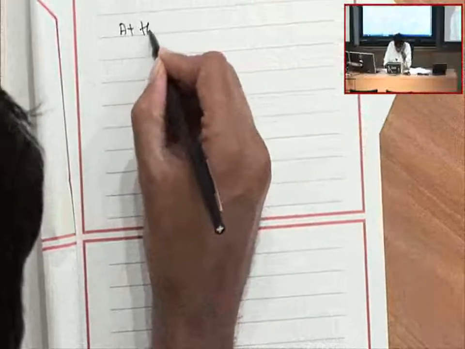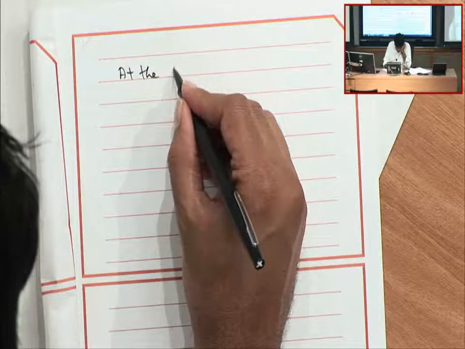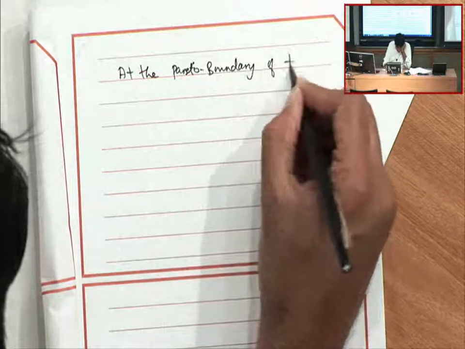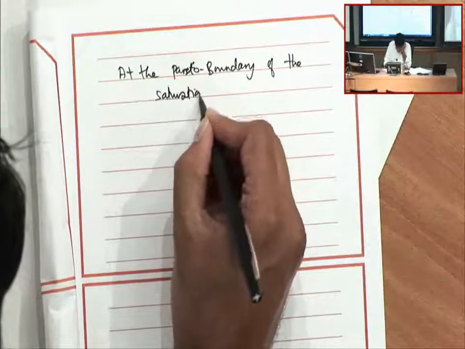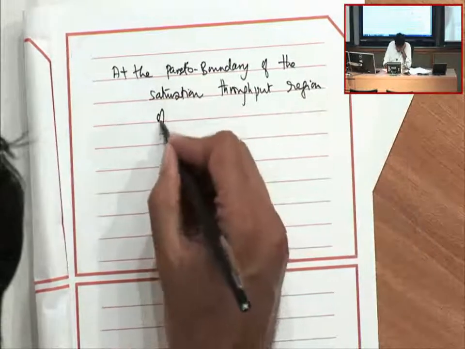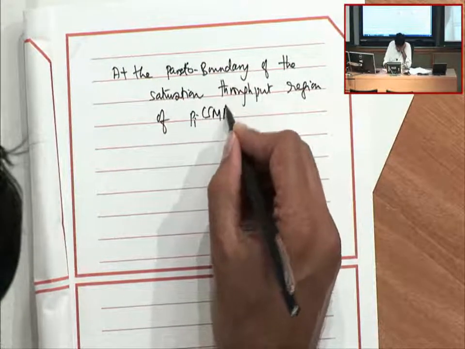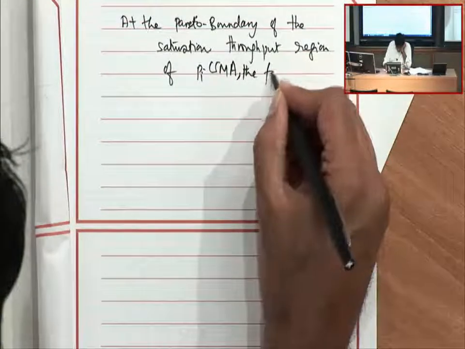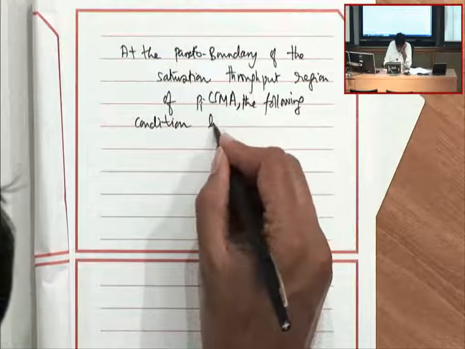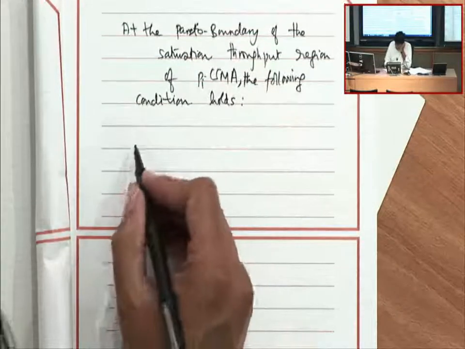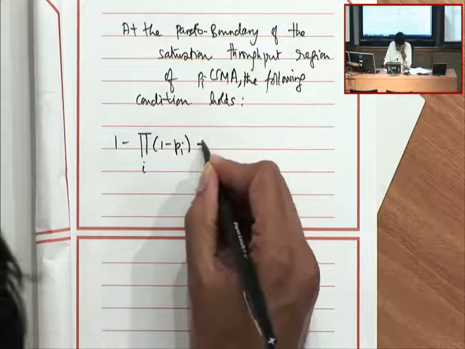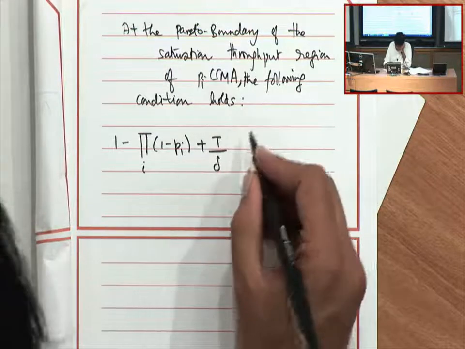So at what's called the Pareto boundary of the saturation throughput region of P or PI CSMA, the following condition holds. So we call it delta, I'll leave it at that.